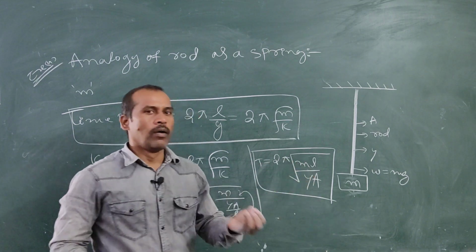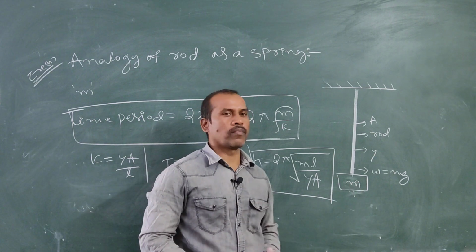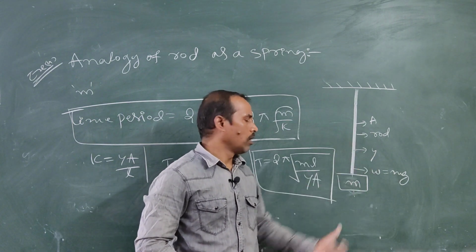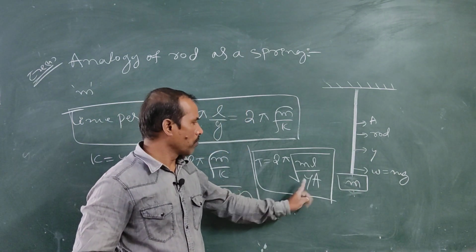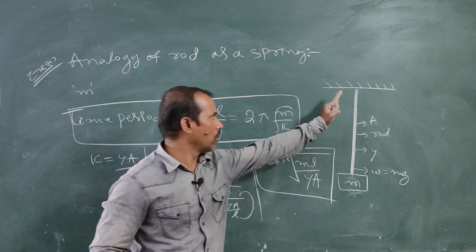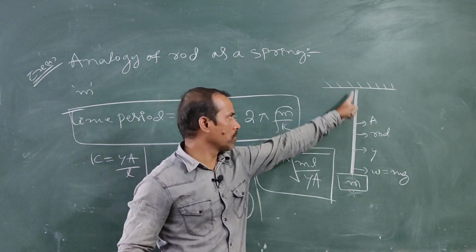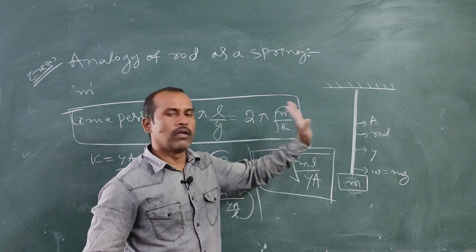Here m is the mass attached to this rod, Y is the Young's modulus of the rod, A is the area of cross section of the rod, and L is the length of the rod.